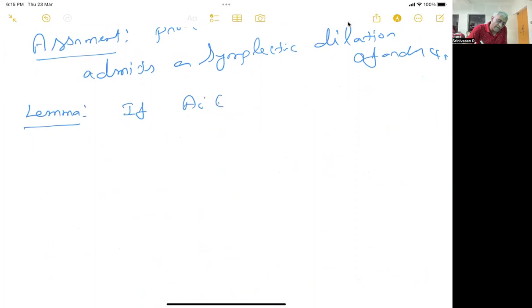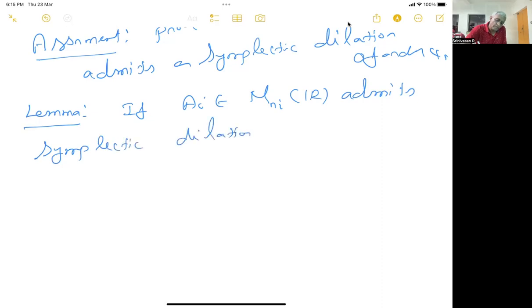If A_i in M_{N_i}(R) admits a symplectic dilation of order, this is of course, 2N_i plus m_i. Okay.